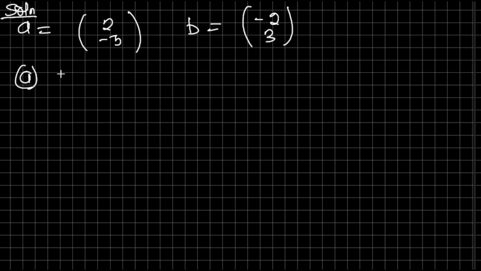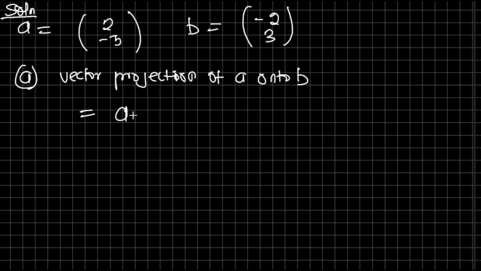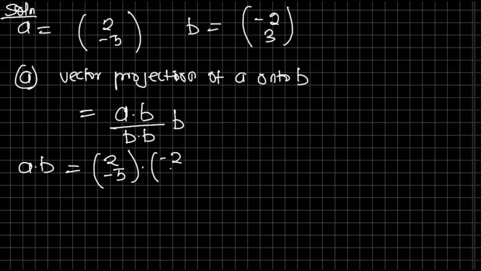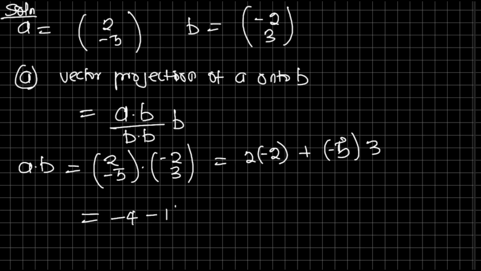The vector projection of A onto B will be equal to A dot B all over B dot B multiplied by B. We compute A dot B, which is 2 times minus 2 plus minus 5 times 3, equal to minus 4 minus 15, which is minus 19.